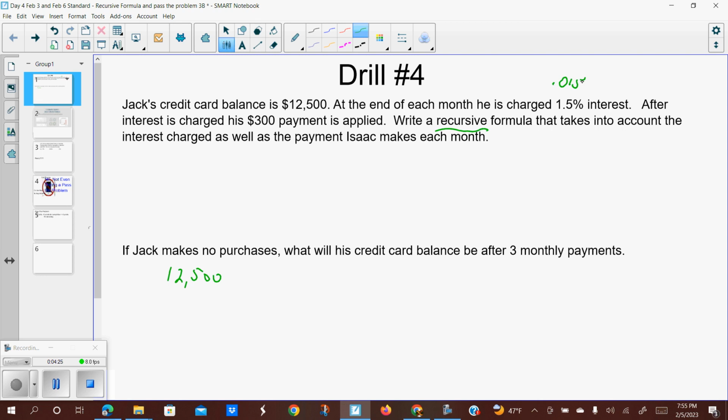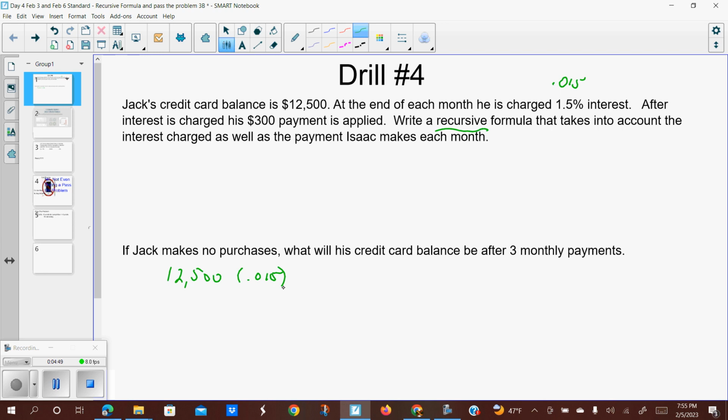Okay, and that's what we'll use when we actually plug this into a formula or use it as a way to find the value. So if I want to figure out what 1.5% of 12,500 is, I'm going to have to multiply them. So I would take 12,500 and multiply it by 0.015.